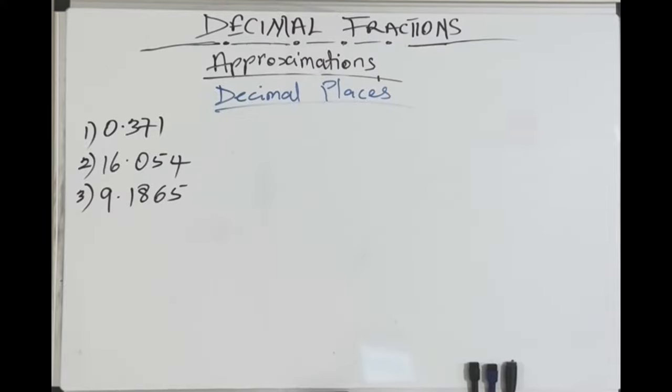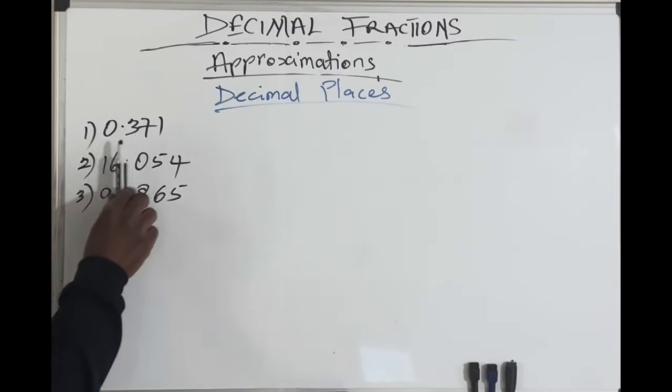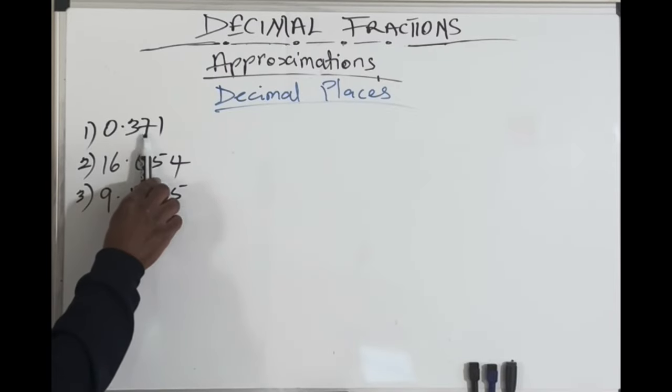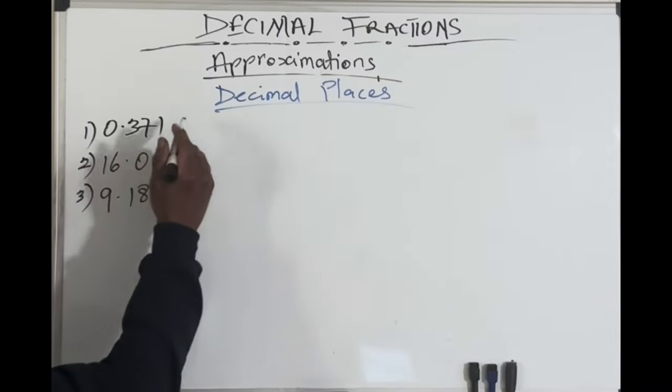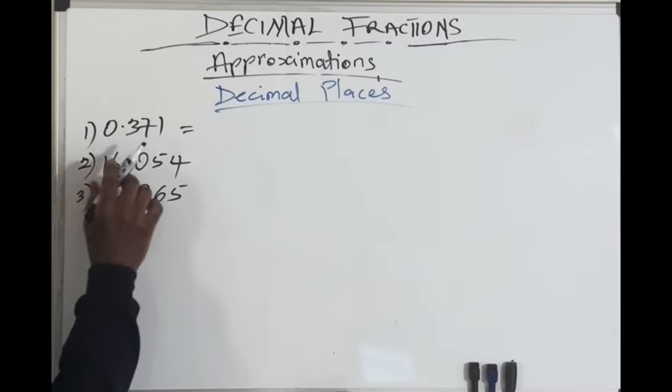So under decimal places, let's look at these examples. 0.371, and then we are told to change to 1 decimal place. Okay, so 1 decimal place, as we said, we count from left to right. So 1 decimal place, 2, 3. But we are told to change to 1 decimal place.